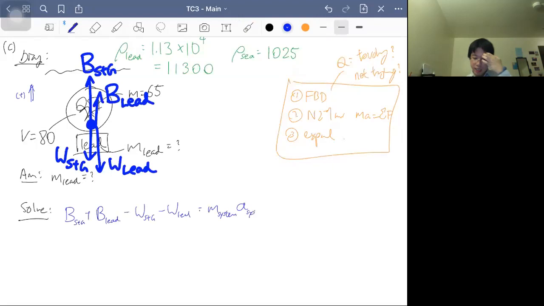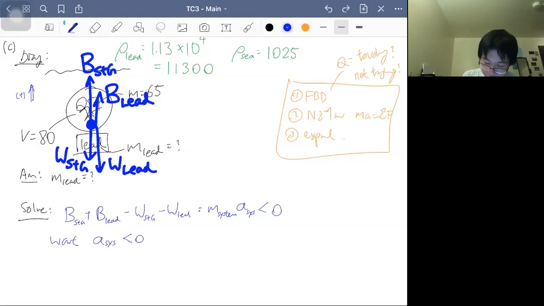Okay, so you want this to sink. That means you want the acceleration to be negative. So you want a of the system to be negative. This means that multiplying by the mass is also less than 0.